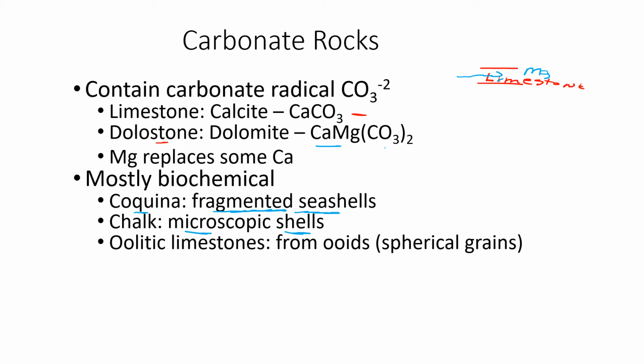And oolitic limestone forms from ooids, which are these spherical grains that have been rolled around in carbonate-rich water, kind of like a pearl would be, but it's not from inside of an oyster. They're just grains of sand rolling around on a beach.